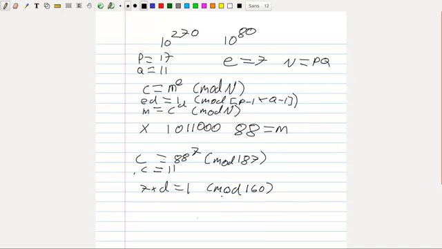So this is how we're going to find out D. Now, most of you have probably already worked this out. D is equal to 23.